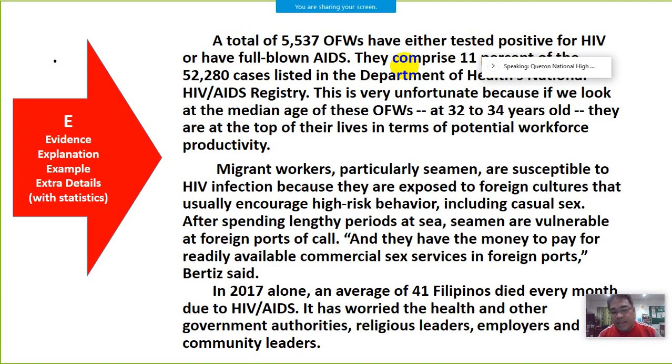Then what is the impact? It has worried the health and other government authorities, religious leaders, employers, and community leaders. Because 41 Filipinos dying every month is something big. While other countries have only 7, 10, then the Philippines have 41 cases.